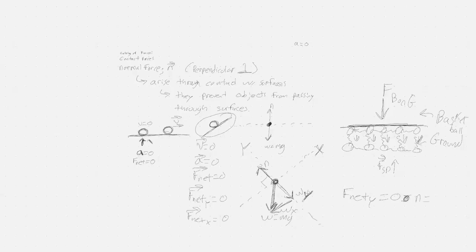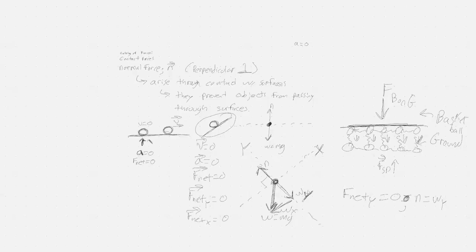In which case I'd have a vector of equal magnitude pointing up along the y-axis and down along the y-axis, and sure, F net y could be equal to 0. But in this situation, if the basketball had any mass, in which case it would have some weight, then I would necessarily have some x component of my weight here.